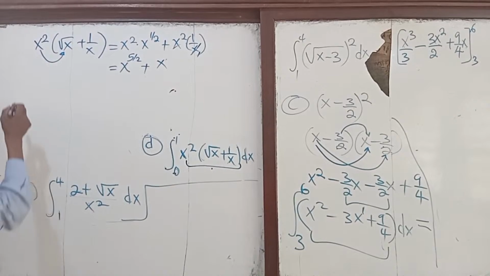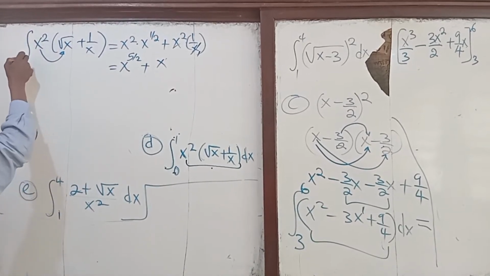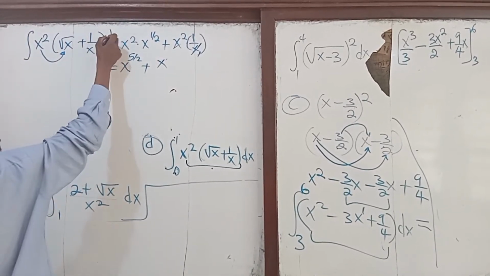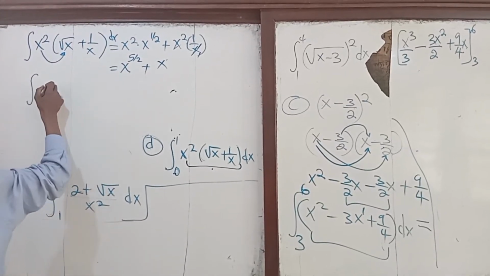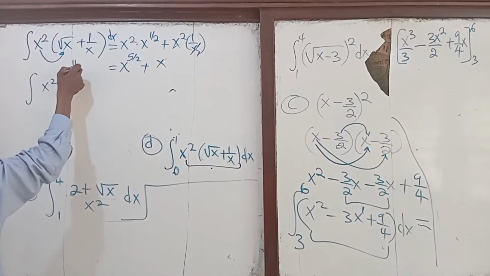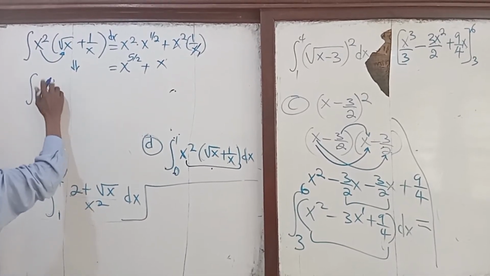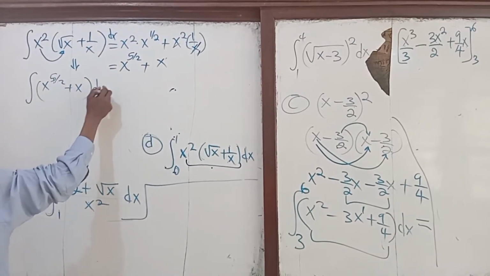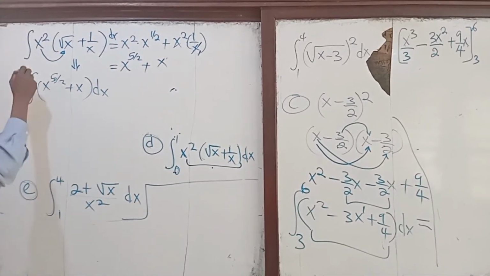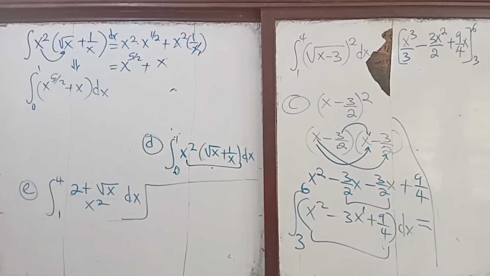So this will now give you, put your integral. You now have integral of what? Integral of x squared. This is equal to x to the power 5 over 2 plus this. You now integrate that, and don't forget your upper and lower boundary.